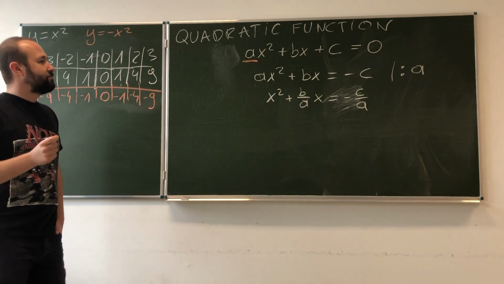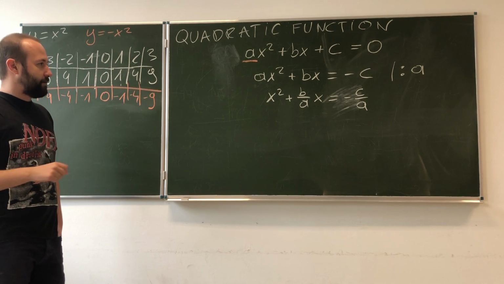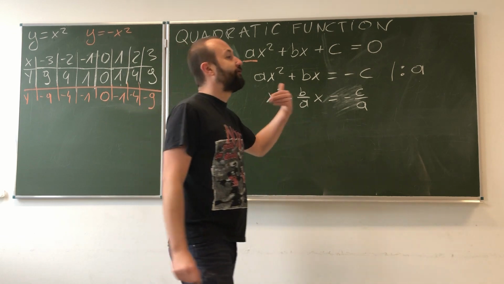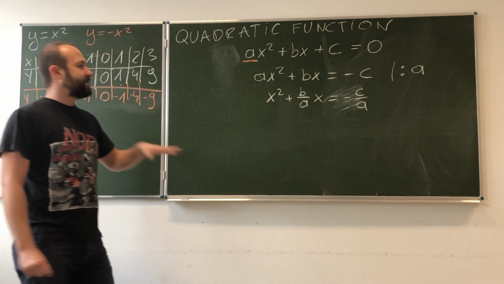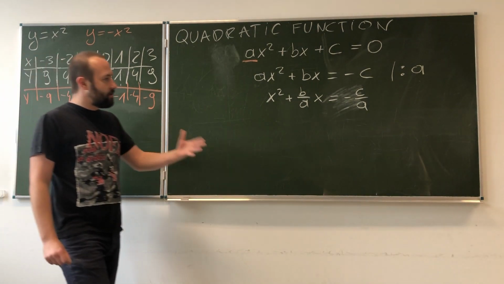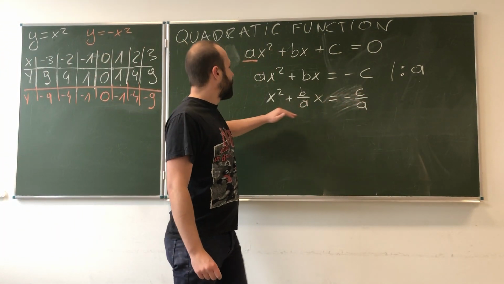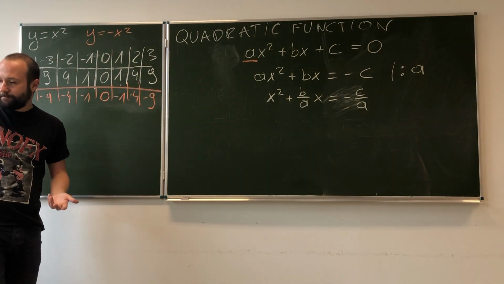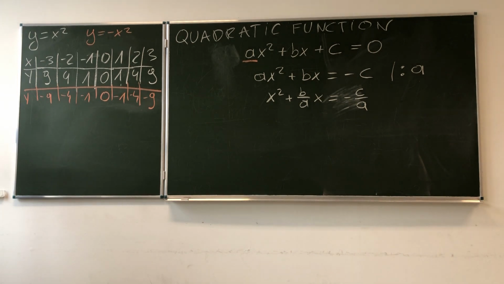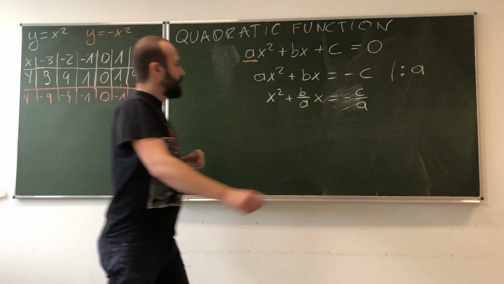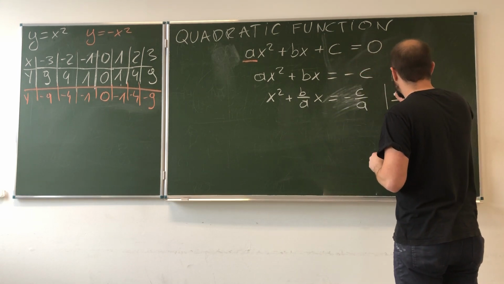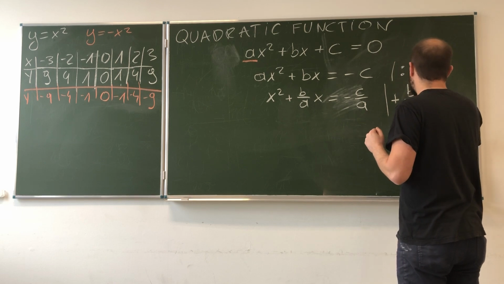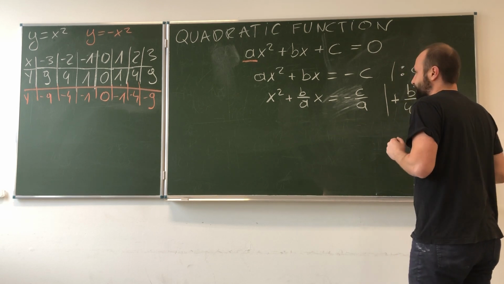Because what I need to do is to add the same number to both sides of this expression, but I'm going to add it artificially, just to obtain the expression that I want. But remember, as long as I'm adding the same number to both sides of this equation, this is clearly a permitted practice. And look, the expression I'm going to add is plus b squared over 4a squared.